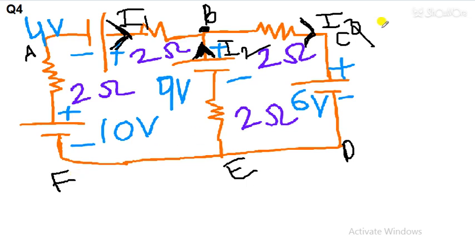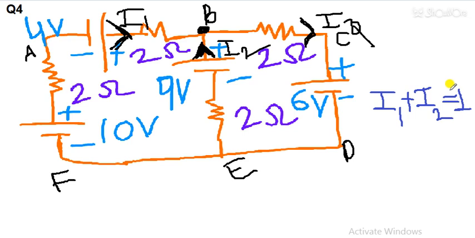Firstly I will take the junction, that is B. Some current is moving towards it, some current is moving away, so I have to write the equation of KCL. KCL states that the current moving towards, that is I1 plus I2, is equal to I3.